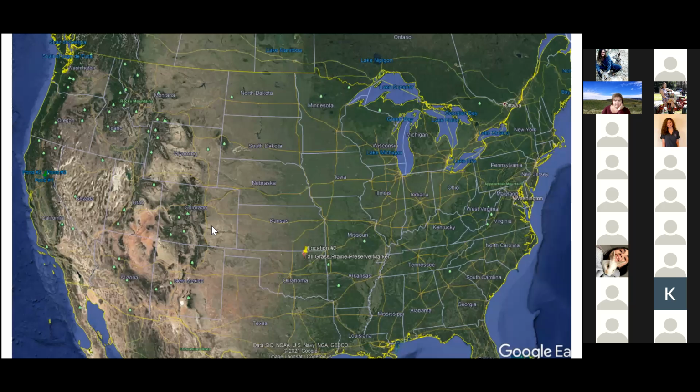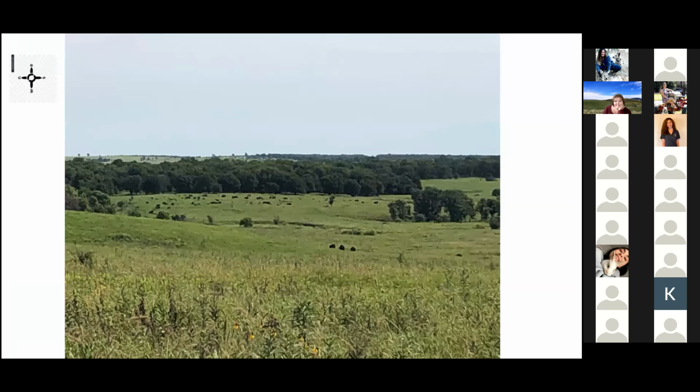Okay, so our section of rangeland that we were assigned is right here, that little thumbtack looking thing down there on the top part of Oklahoma. This is what it looks like, and the aspects of this will be discussed later on.